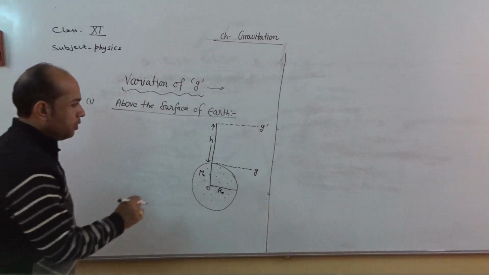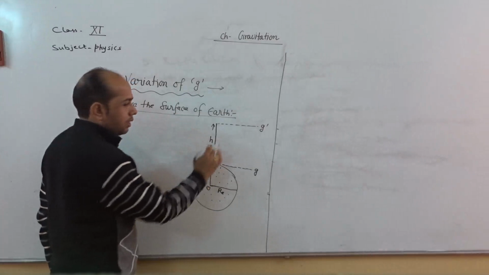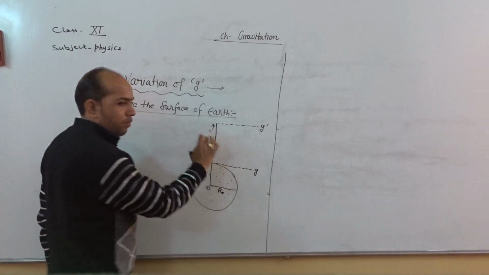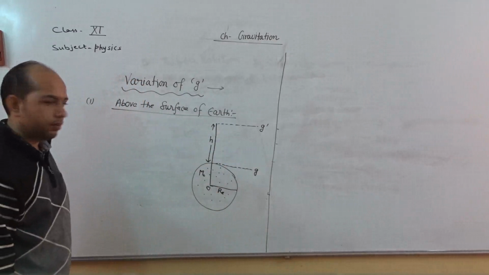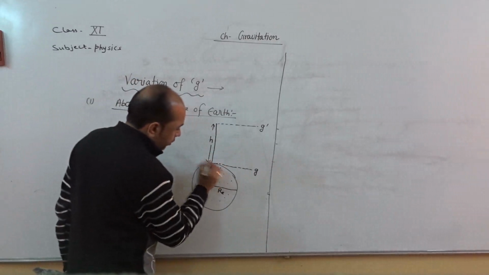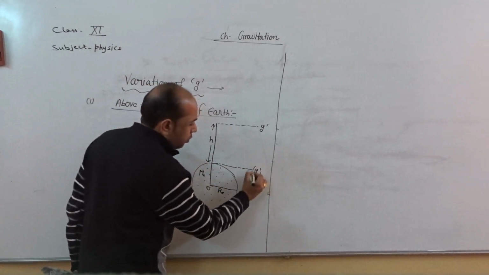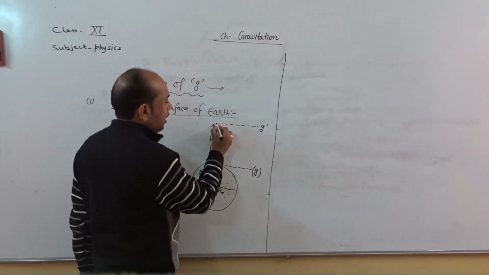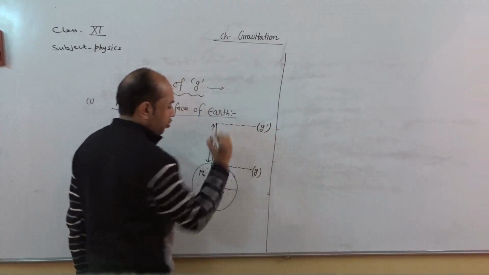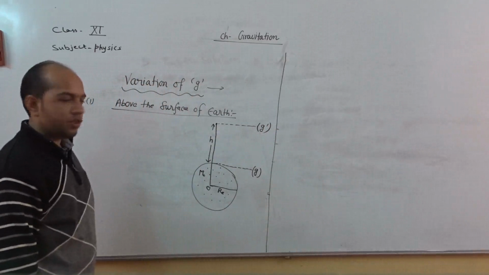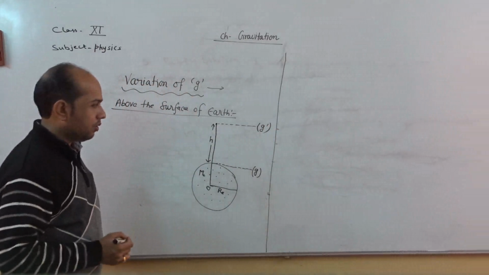Now our objective is to find the gravitational acceleration at a height h above the surface of Earth. At the surface of Earth, it is denoted by small g, and at height h it is denoted by g dash. So in this situation we find g and g dash.